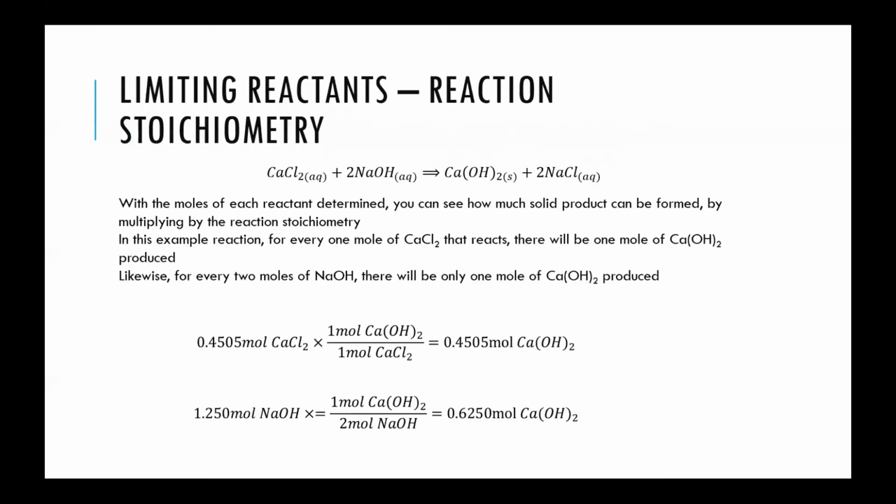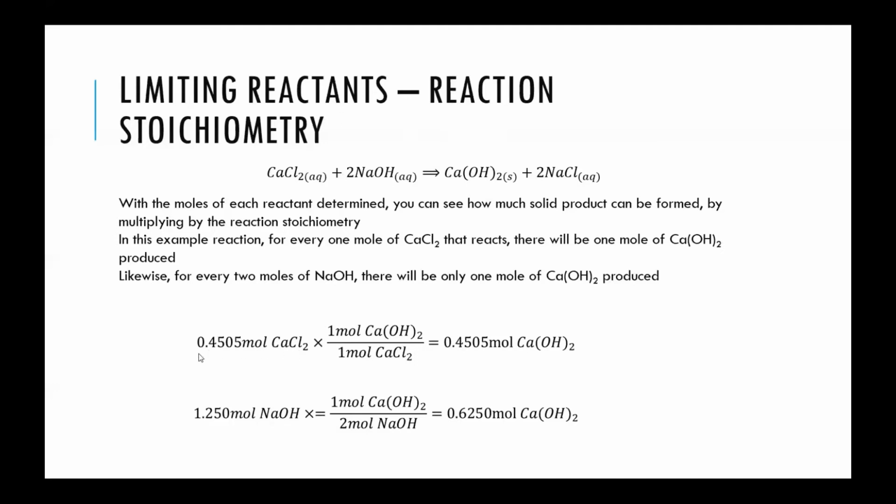Once you have the moles of the different reactants figured out, you can then go through and multiply these by the stoichiometry. That's the balanced equation. Looking at this balanced equation, 1 calcium chloride will generate 1 calcium hydroxide. The ratio between calcium chloride and calcium hydroxide is 1 to 1.